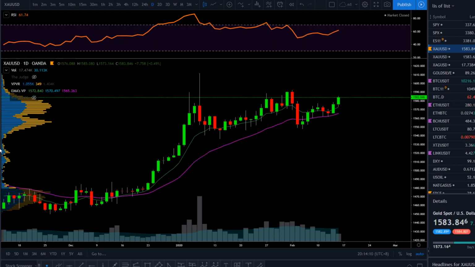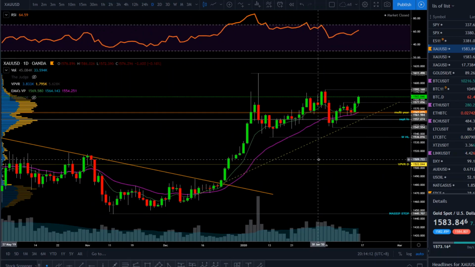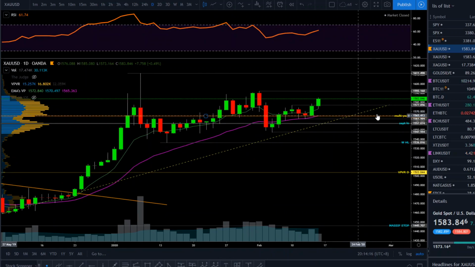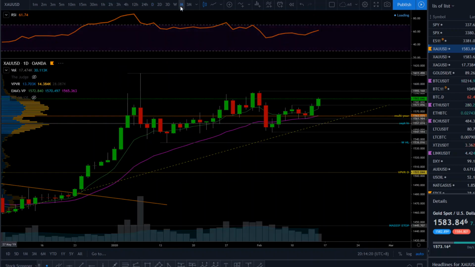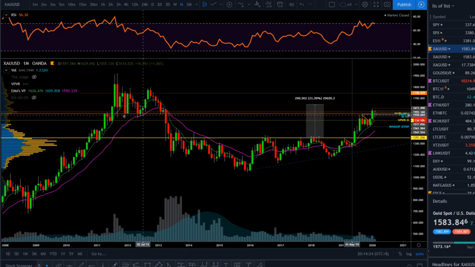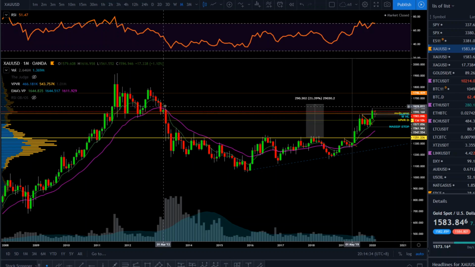What's interesting is that if I put the drawings back on, it's a bit messy. First of all, you can see this orangey fat line that I left here. If we go back on the monthly, I'll show you where it's from. This is multi-year support and resistance. It was resistance over here, it was support over here, over here, and over here, it was like a little support here, it bounced, and then it broke through.